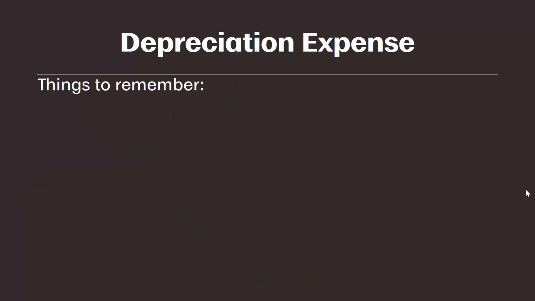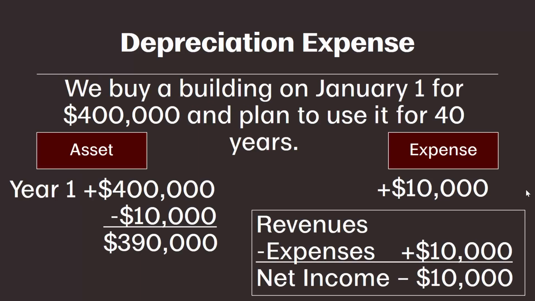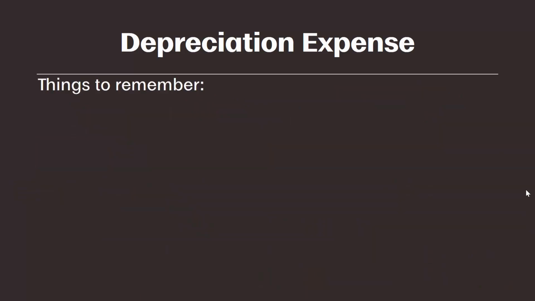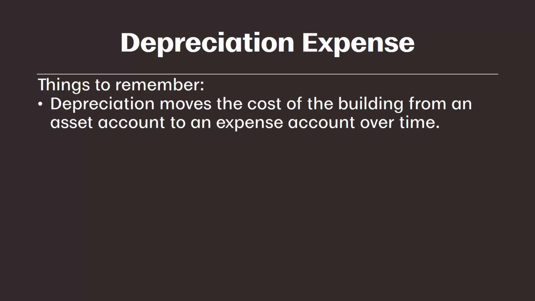So I know we covered a lot in this video, and we're going to continue to add to these concepts. So the main things I want you to remember now about long-term assets like a building are that depreciation moves the cost of the building from an asset account to an expense account over time. It's just a little bit every year or every month that is going to be moved over into that expense account.